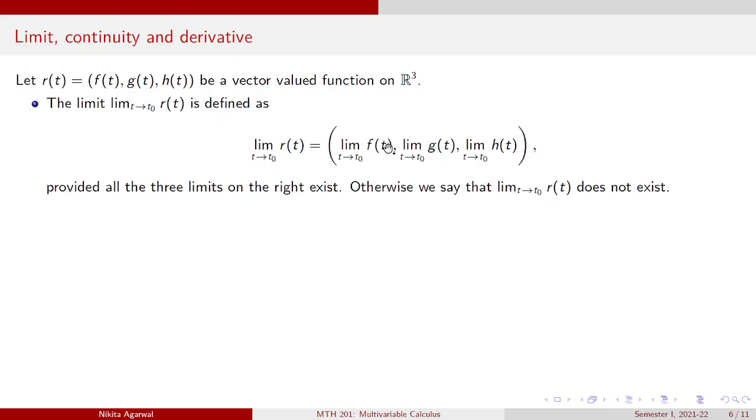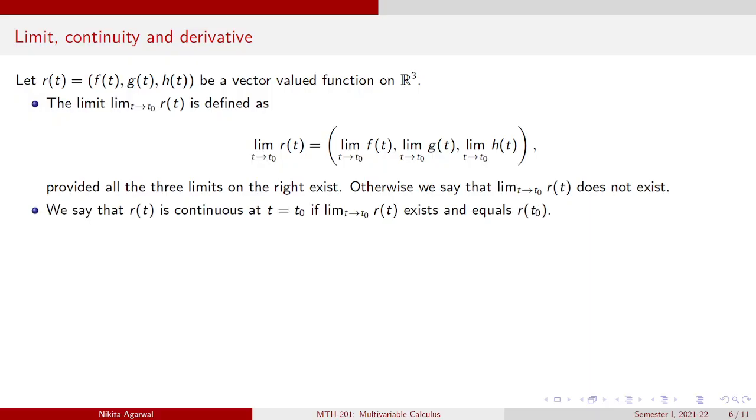In what case do you say this limit exists? When all these three limits on the right exist. Then you say that the limit as t goes to t naught of r(t) exists. Otherwise, even if one of these limits does not exist, we say that the limit does not exist. So the limit of r(t) will exist if and only if all the three limits exist.